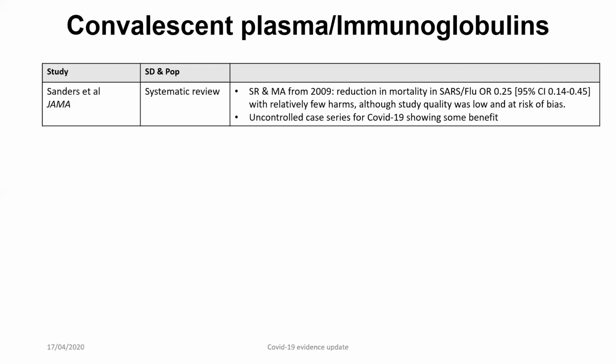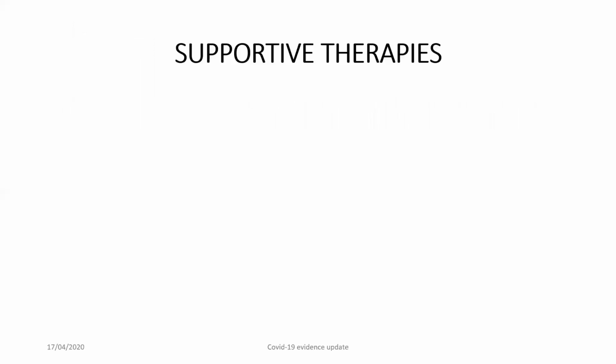There are small uncontrolled case series for coronavirus showing some potential benefit, and this is an area of exploration. Although identifying people who have had the disease and developed a good immunoglobulin response and then collecting their plasma is obviously quite a challenging task in this current environment, but it could be used for particularly very unwell people.